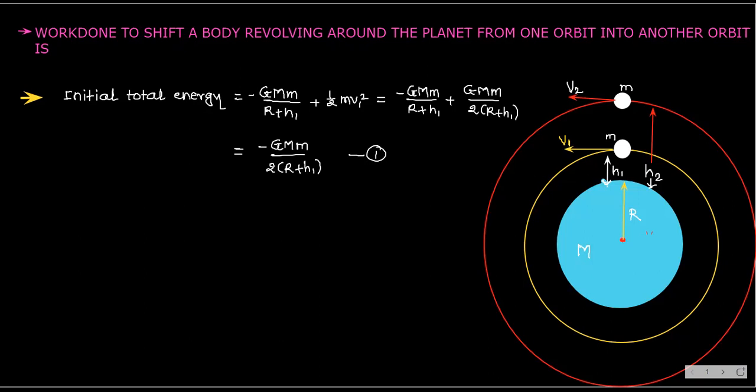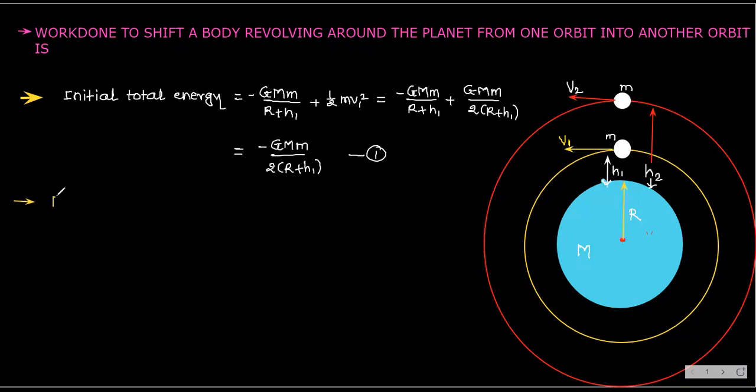Now when we are shifting this body into another orbit where the orbital velocity is v2, what is the final total energy at this point?